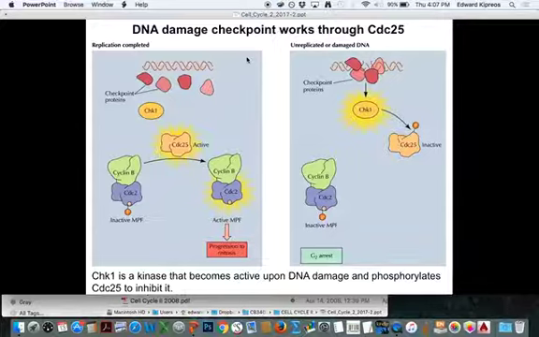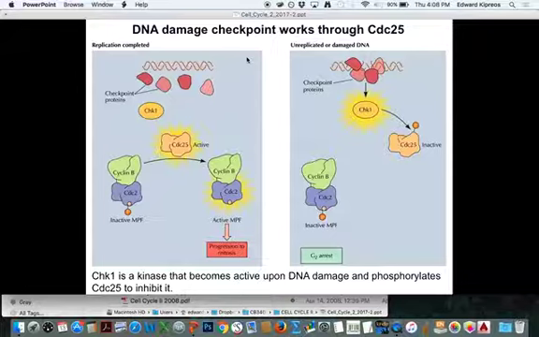What happens is that when you have replication forks, there are kinases that get activated there, ATM and ATR. This is not part of the class, but they phosphorylate CHEK1, another kinase. Now CHEK1 is active, and this part is part of the class. CHEK1 becomes active under DNA damage by the action of another kinase, and it phosphorylates CDC25, the phosphatase that removes the inhibitory phosphorylation, and inactivates it.